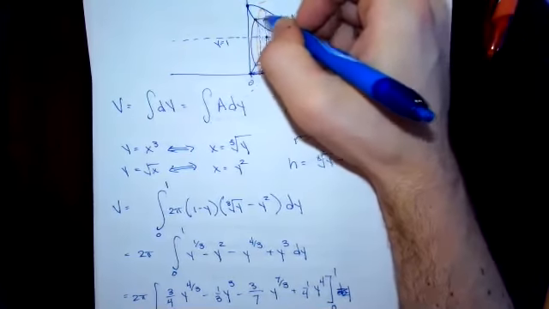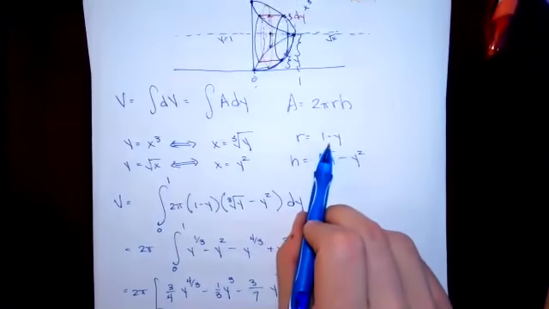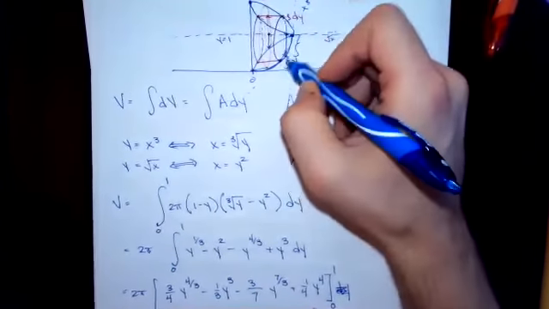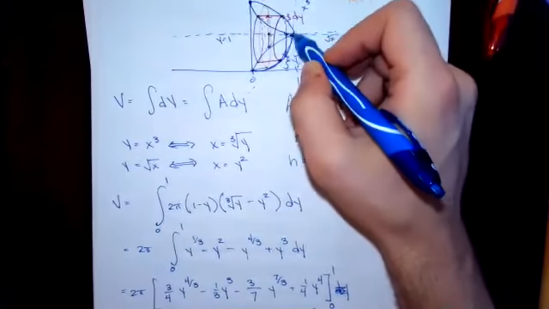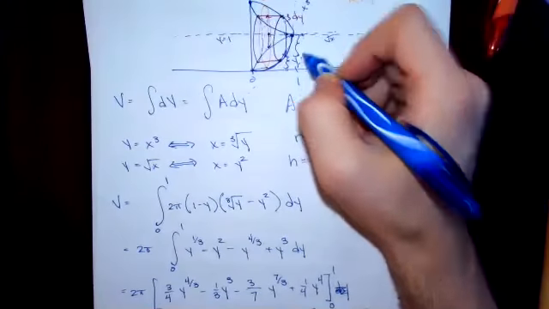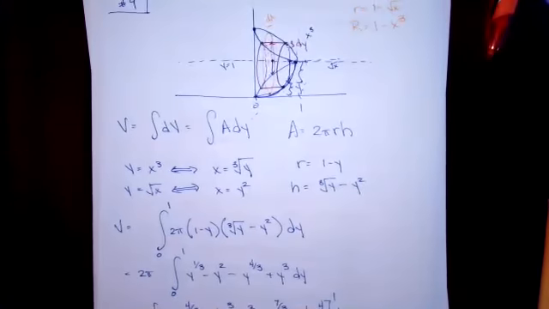So the distance, we really only needed to write as 1 minus y for that radius of these shells. Since the height, going from the x-axis up to that bottom curve is just a y, and then the distance between the line 1 and that is going to be 1 minus y.